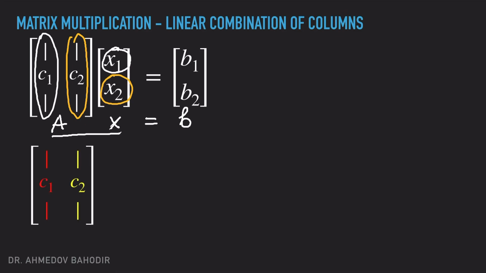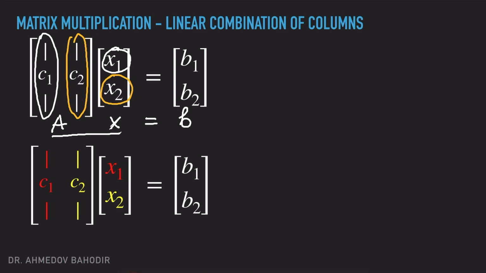So again, we can look at the matrix multiplication of A times X as the linear combination of the columns of the matrix A.